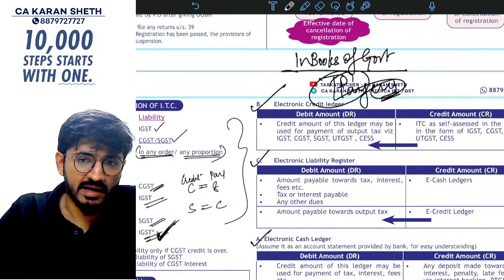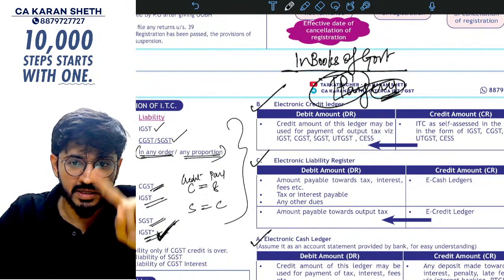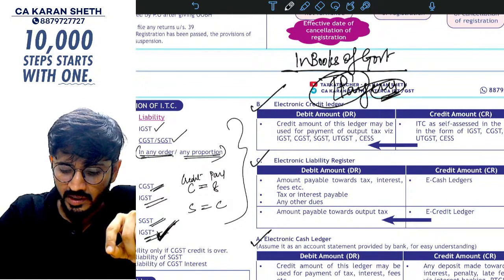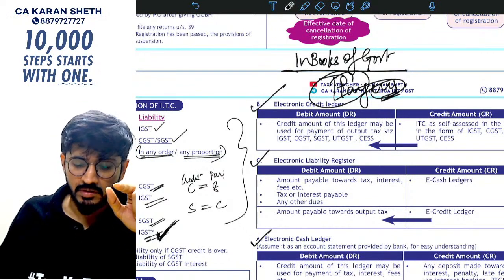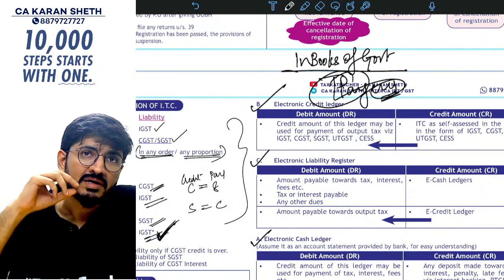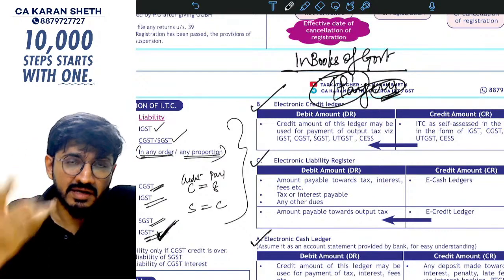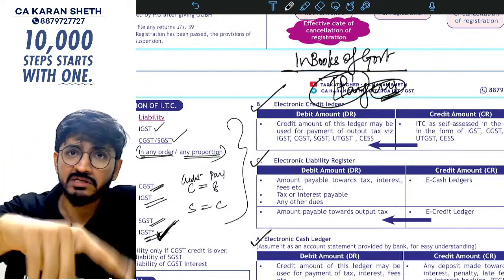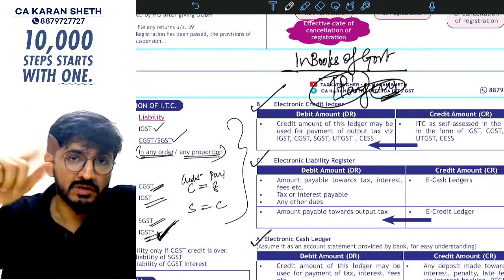Now understand, in the books of accounts of the government, you are right now in the taxpayer's account. If tax liability is a payable for the taxpayer, it is a receivable for the government. Interest is payable for the taxpayer, for them it is receivable.